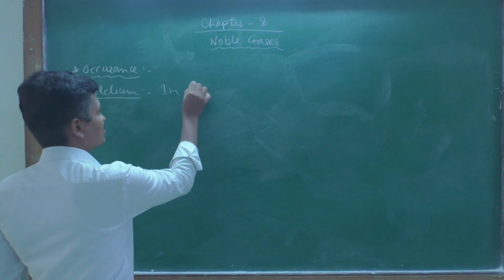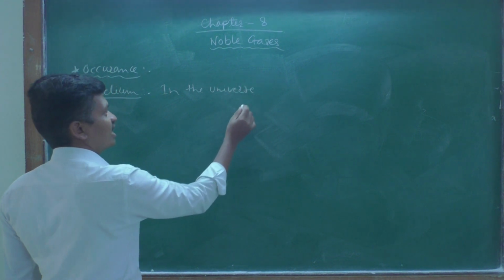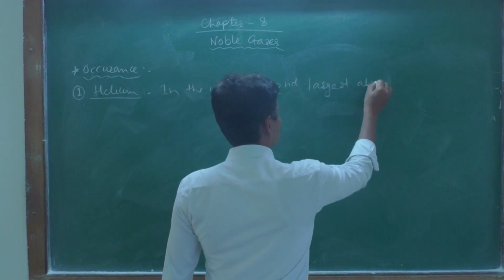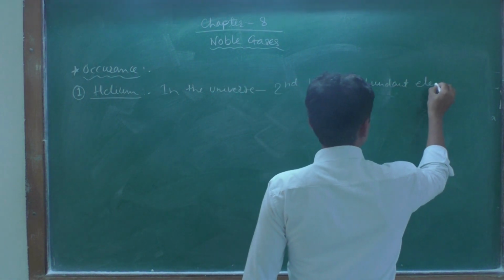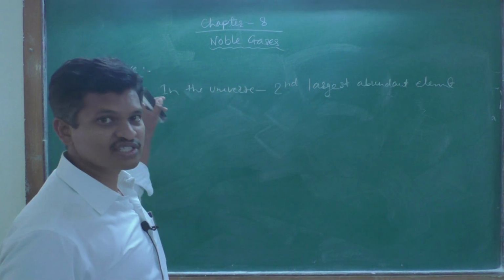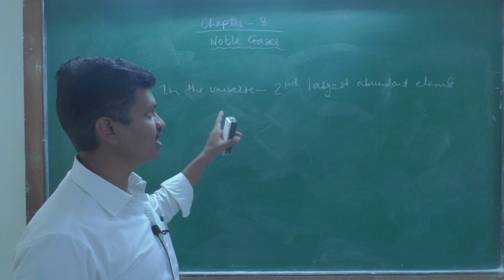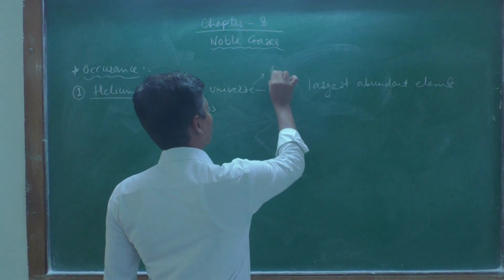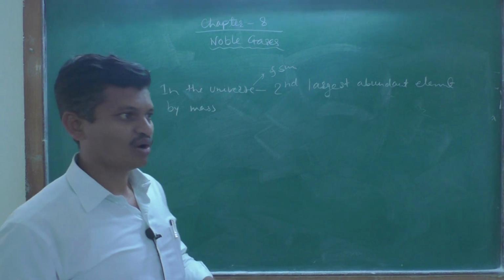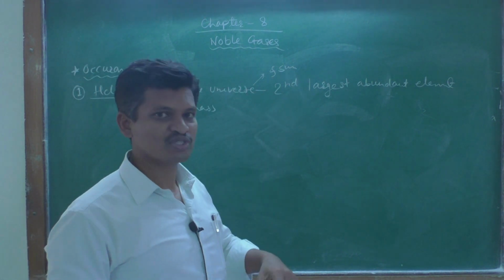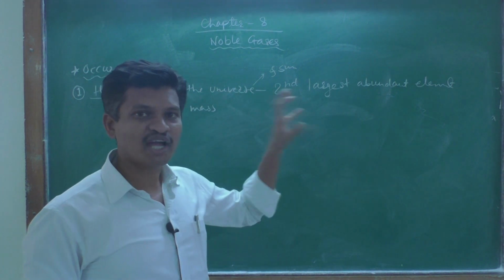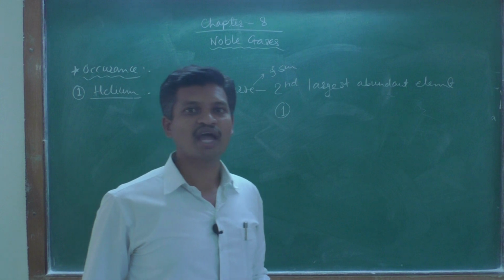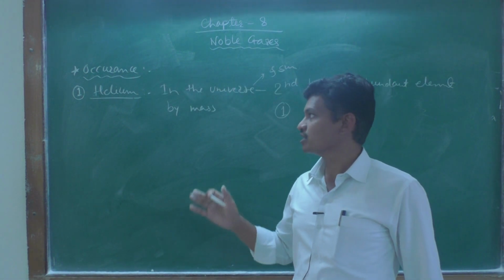In the universe, helium is the second most abundant element by mass, after hydrogen, which is first.